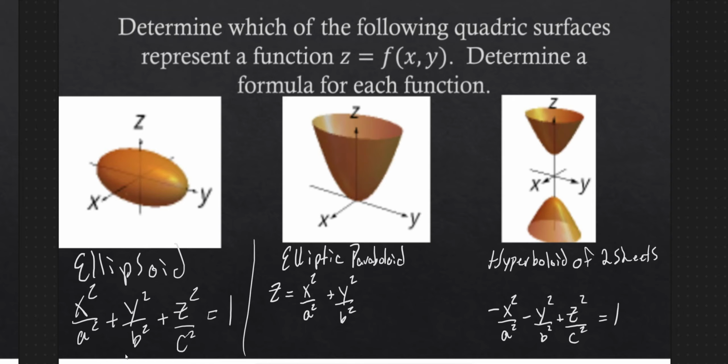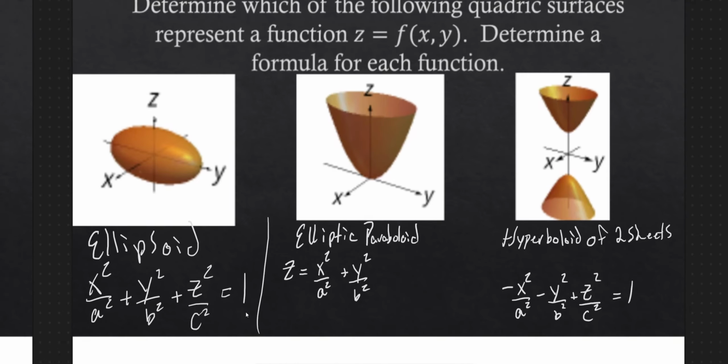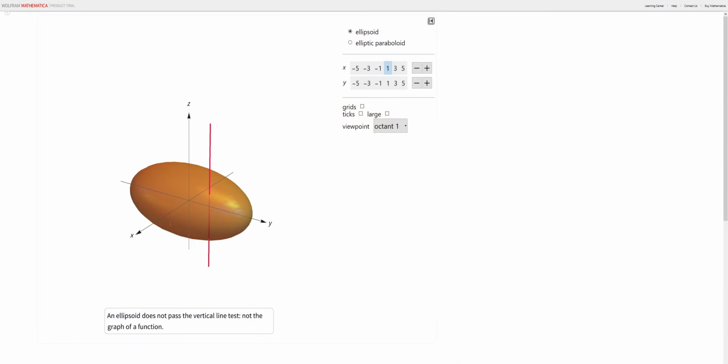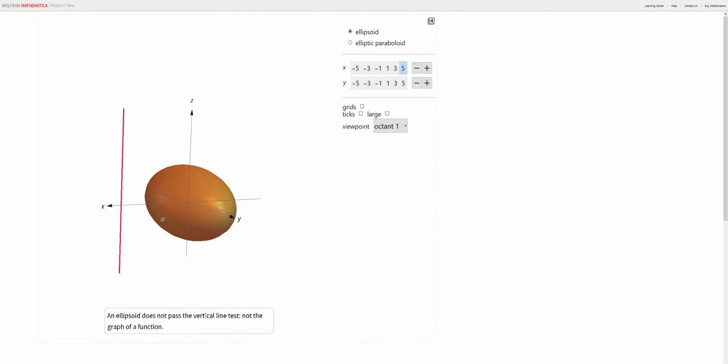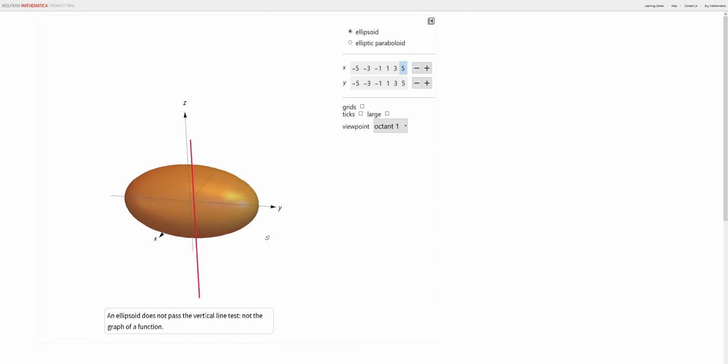So for the ellipsoid, I'll remind you of our equation that generates the ellipsoid. Remember, the set of all points x, y, and z that satisfy this equation gives us an ellipsoid that looks like this. I'm going to jump to an interactive figure with that, and we'll ask ourselves, can we find a line parallel to the z-axis which intersects the surface more than once?